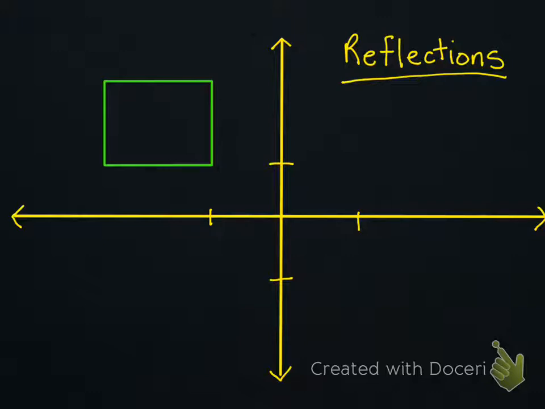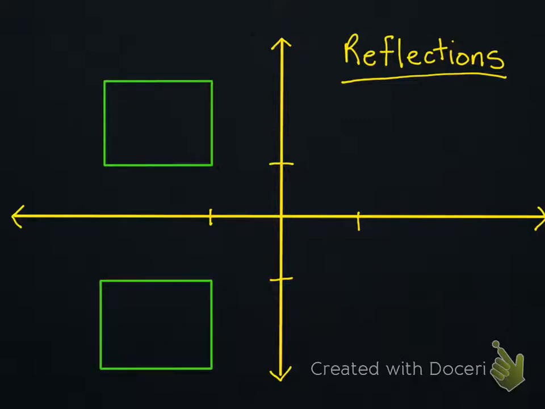So let's just go over the basics of what we already know about reflections, just talking specifically about the axes. So if we were to reflect this quadrilateral, this rectangle over the x-axis, I think most of us are going to be able to say, yes, a reflection over the x-axis would look about like that.